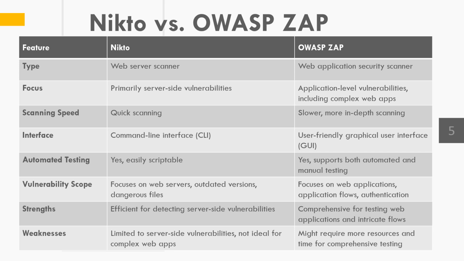OWASP ZAP, on the other hand, is a comprehensive web application security scanner designed to identify application-level vulnerabilities such as cross-site scripting, SQL injection, and other advanced web application security flaws. ZAP is user-friendly with a graphical interface, making it accessible for both manual and automated testing. While it provides a more in-depth analysis of web applications, its scans tend to be slower due to the detailed nature of the testing.